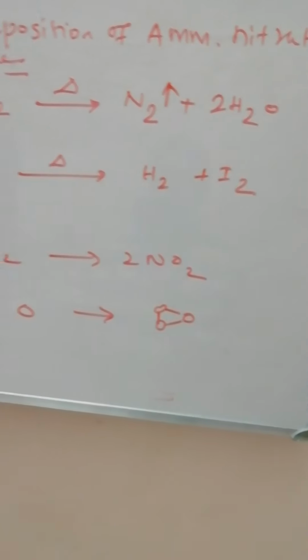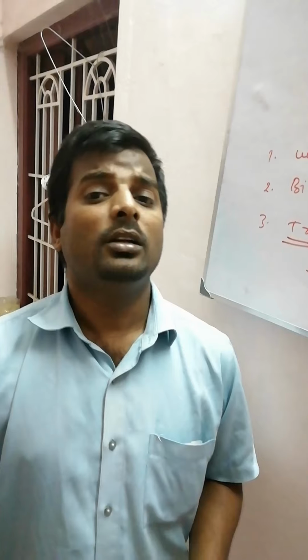Now I am telling the difference between order and molecularity. It's a very important 2 mark question. Order is the sum of the powers of the concentration terms in the rate law expression. Molecularity means each reacting species, maybe atom, ion or molecule, in an elementary reaction must collide simultaneously to bring about the chemical reaction.